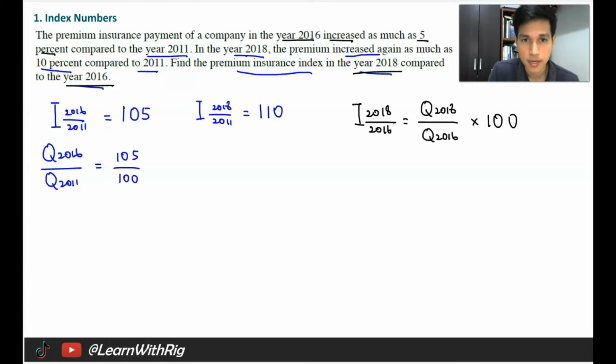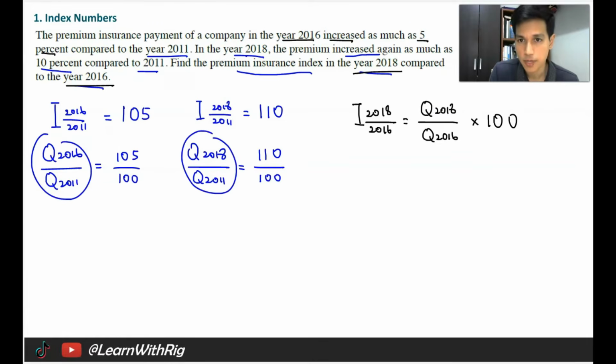Okay, and then the other index here is Q 2018 divided by Q 2011 equals 110 divided by 100. Okay, so now your job, like I said, is to see how you can combine these two to get this.